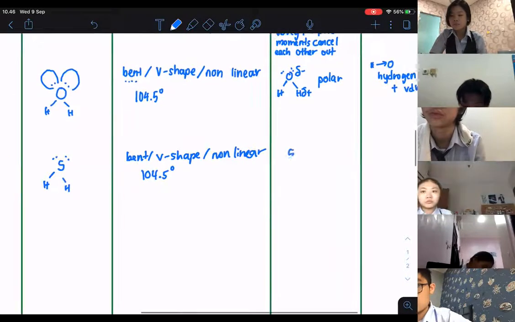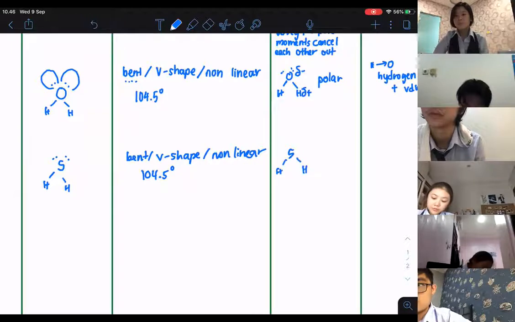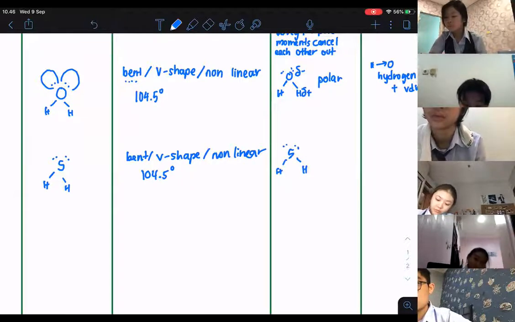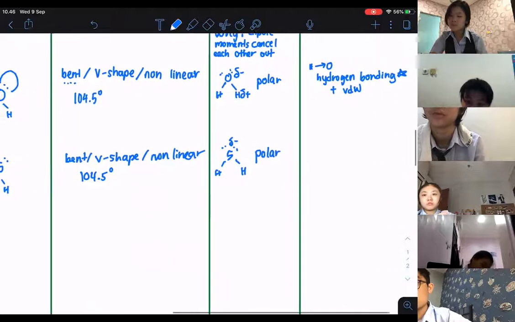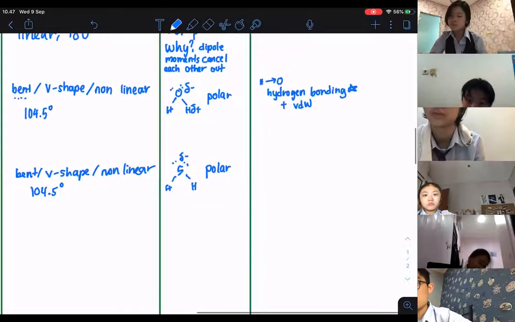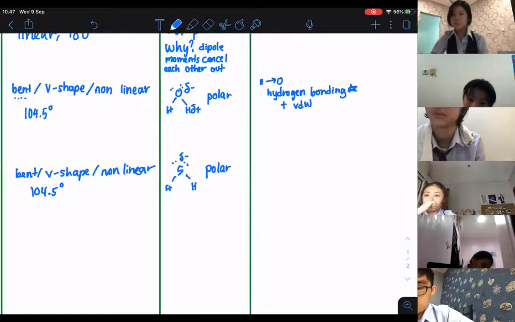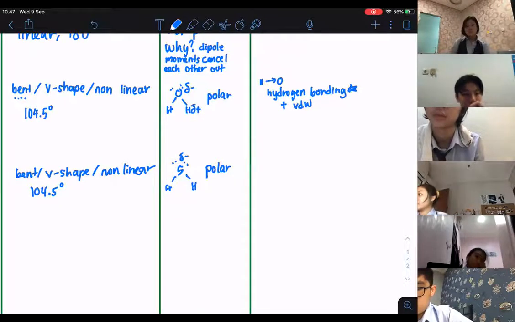So this one, S and H, and do remember sulfur compared to hydrogen, hydrogen is the least electronegative. So sulfur will be the delta negative over there. Therefore they are polar. When we look at polar molecules, we just remember permanent dipole-dipole, but it is important to identify whether they have hydrogen bonding.